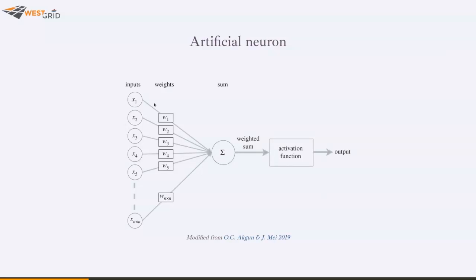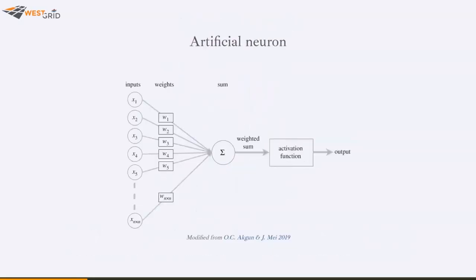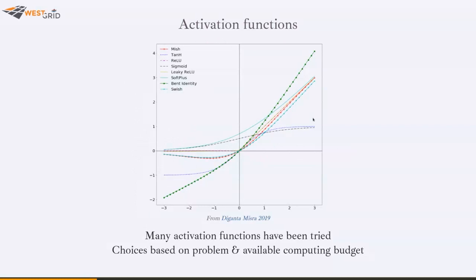This can be found in an analogous manner in the artificial neuron. As I presented earlier, you have those weights and they're summed up. This weighted sum is then passed to an activation function, which could be thought of a little bit as this threshold potential.